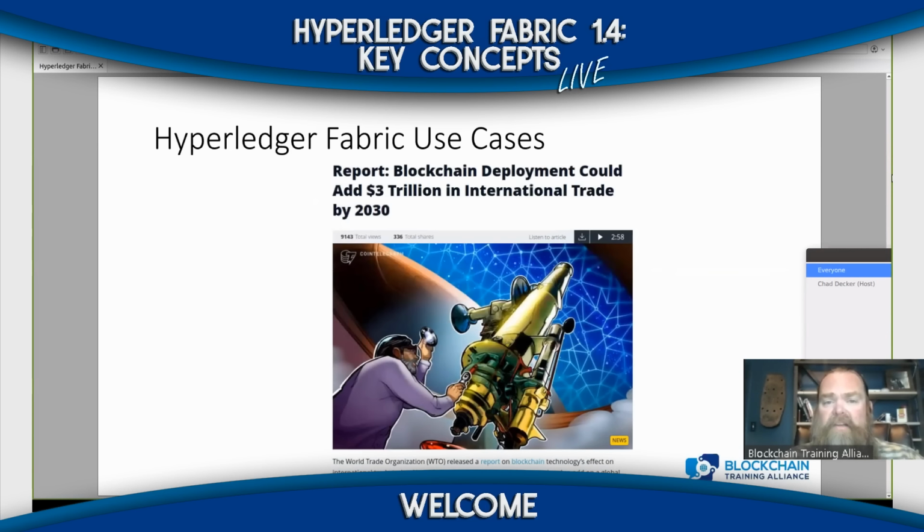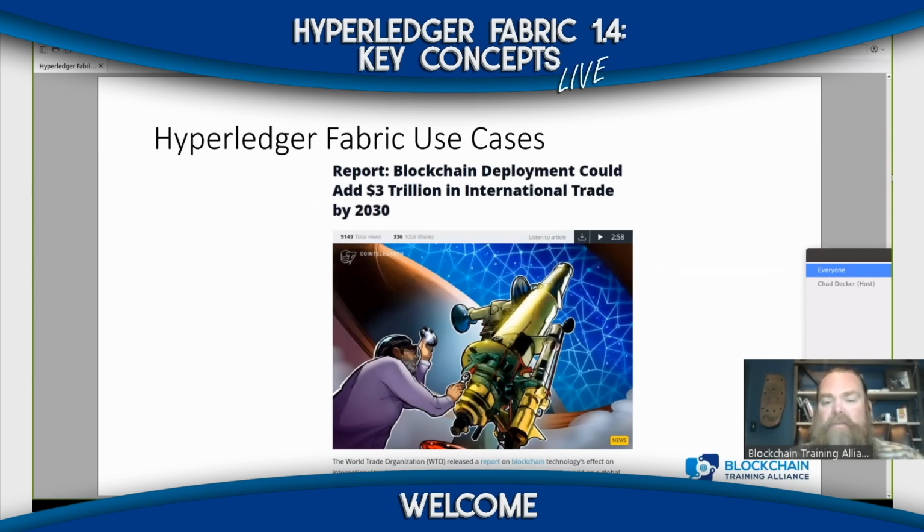The first one here, I think, just speaks to the magnitude of blockchain. This was a report that came out towards the end of last year by the World Trade Organization, who estimated that over the next 10 years or so, blockchain could add an additional $3 trillion in trade and commerce.